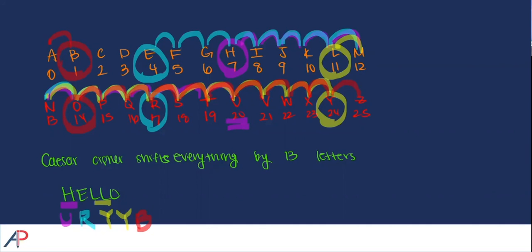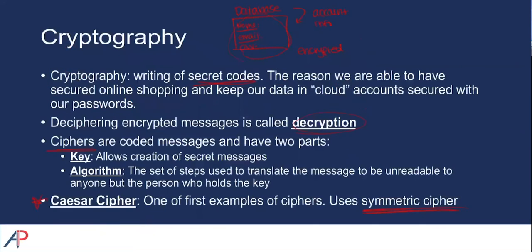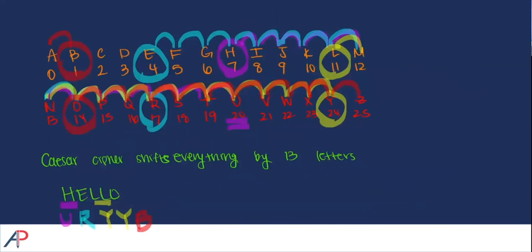In fact, all symmetric ciphers, so remember, a symmetric cipher means that you use the same exact thing to encode and decode. So in our case, I encoded using a key of 13, right? Because you shift everything by 13 letters.